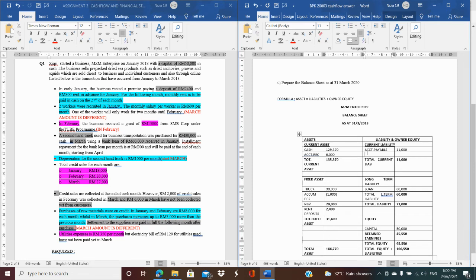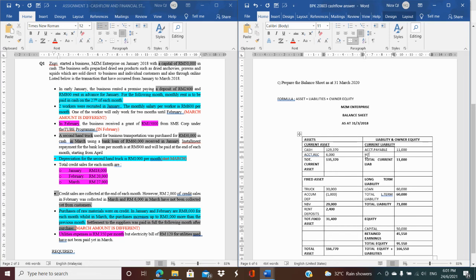And now for the current liability, remember that in March, 120 of utilities have not been paid yet. So it means you still owe money to a creditor. The creditor is actually utilities payable.